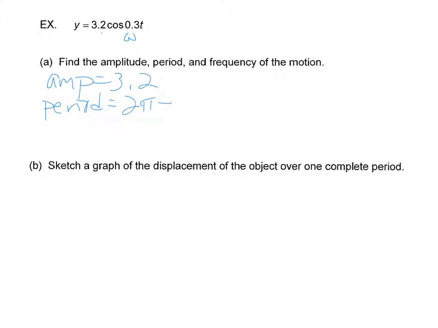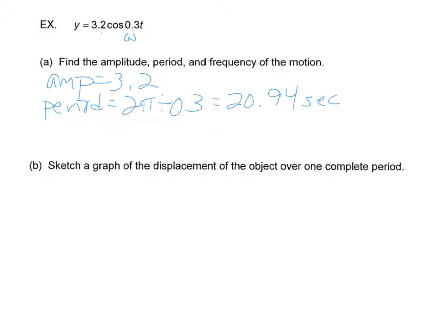So 2 pi divided by 0.3. Now we're dealing with decimals. We're not going to keep the pi anymore for these problems. Just put in your calculator 2 times pi divided by 0.3, and that's 20.94. And that's how long it takes, and I'm going to assume seconds here. That's how long it takes for one cycle, 20.9 seconds.